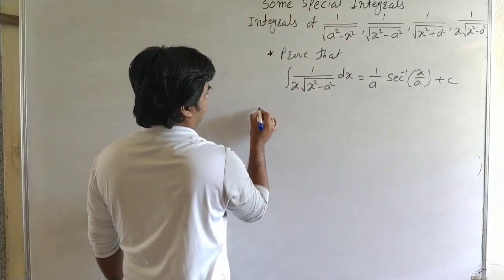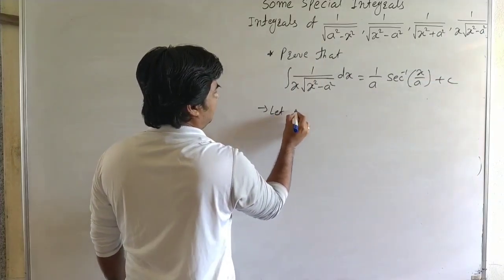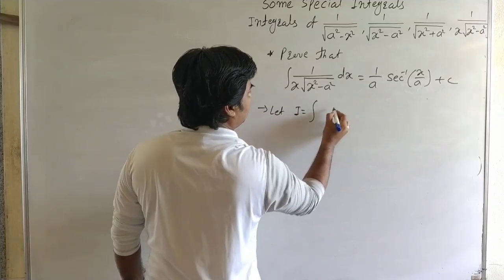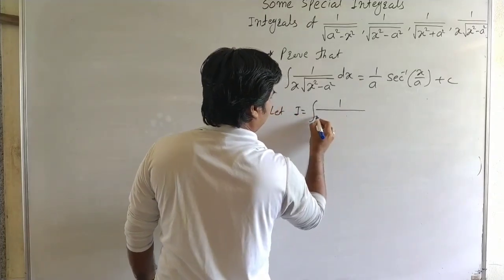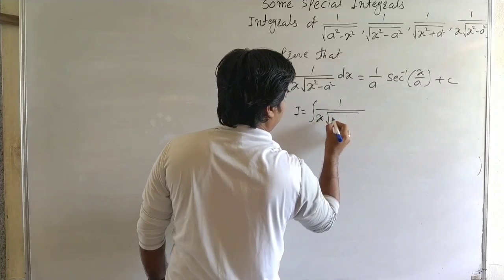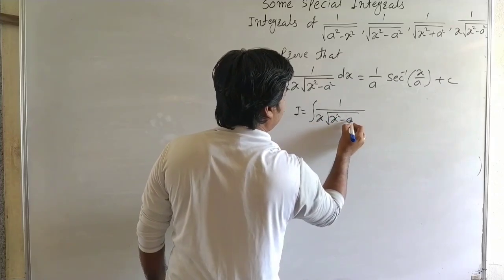Okay, now let us take the integral of 1 upon x into under root of x square minus a square.